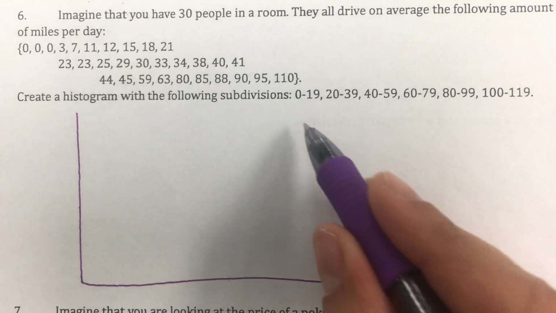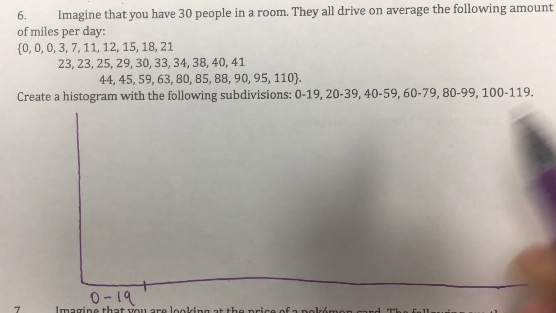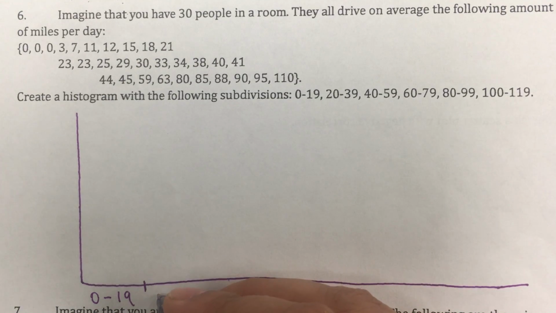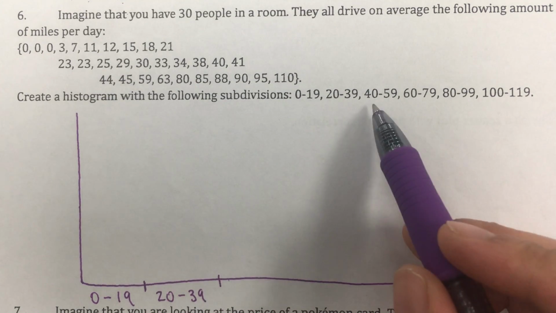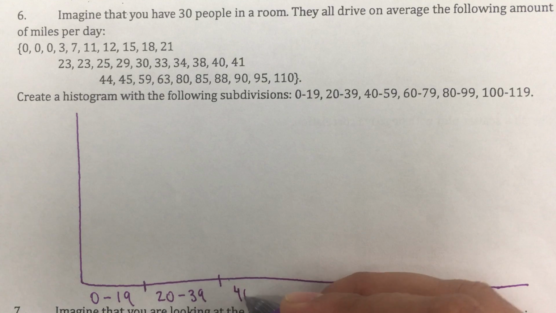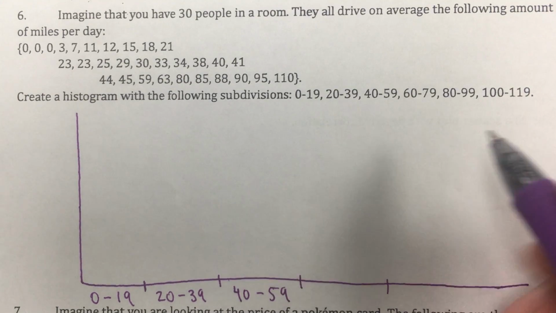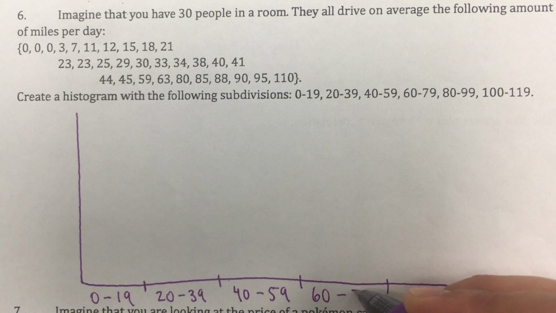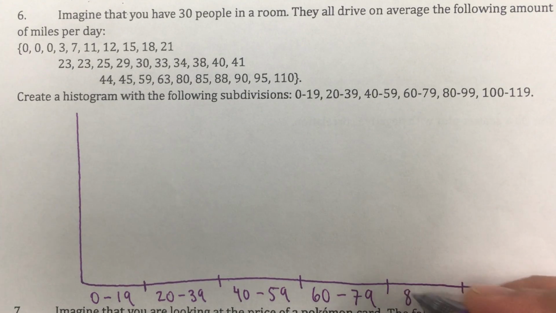Okay, so I'm gonna leave some space in there to write down the subdivisions. And you get 0 to 19. That's 1. 20 to 39, so 20 to 39. 40 to 59. 60 to 79. 80 to 99.